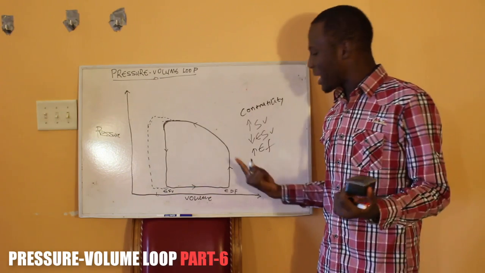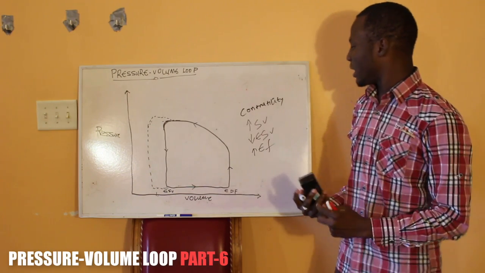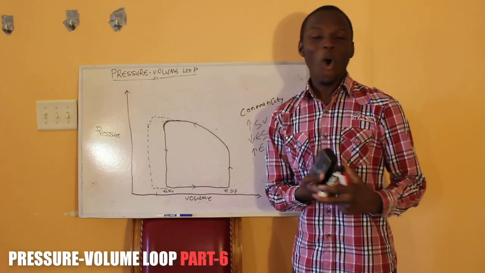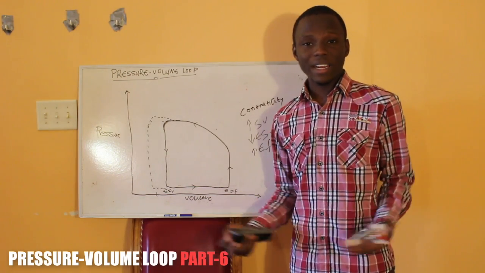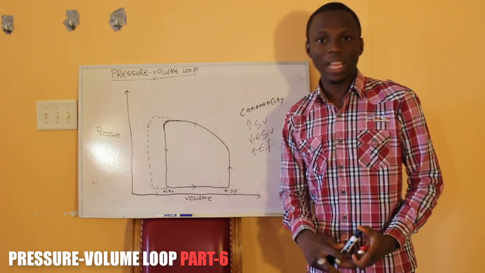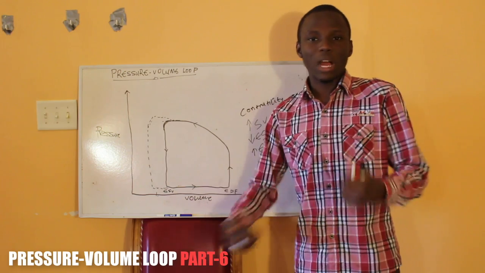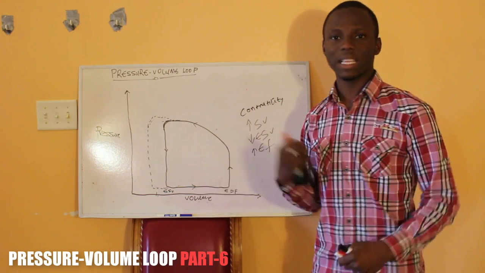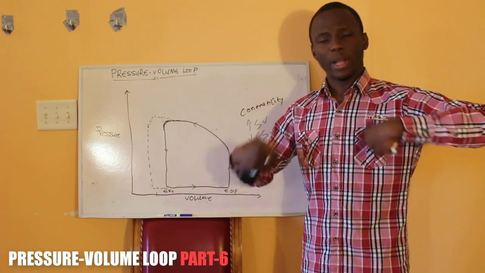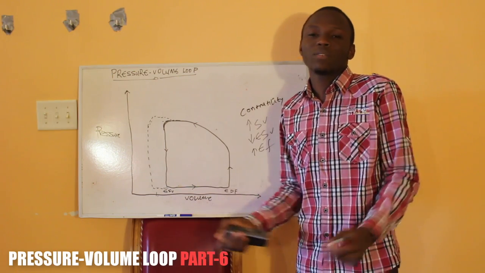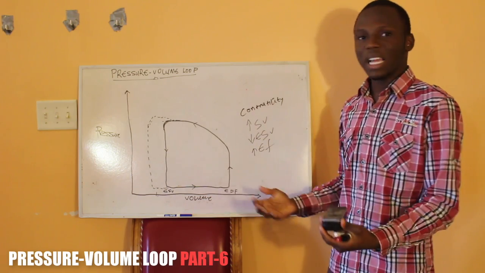I hope this makes sense. Just think about it: if there's an increase in stroke volume and no change in end diastolic volume, obviously there should be an increase in ejection fraction, right? For example, those that go and exercise can enter sympathetic mode and you will have a release of catecholamines, and when you have a release of catecholamines, there will be an increase in ejection fraction.